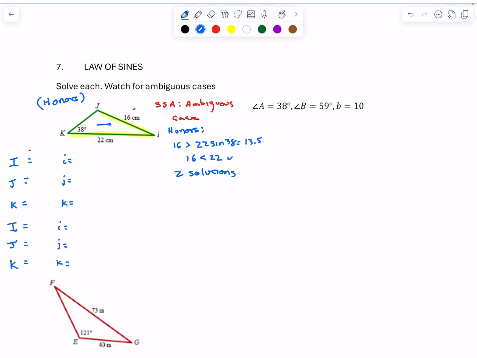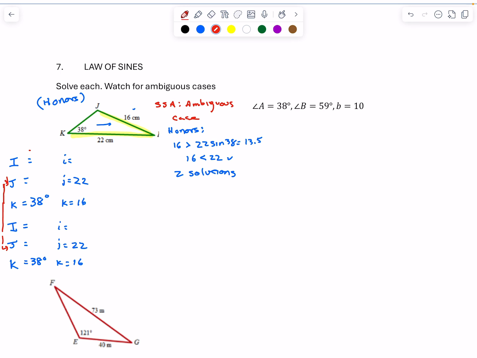Let's see, K is 38 degrees. And side K is 16. So we can set up law of sines. J is 22, because it's across from angle J. Okay, so we'll set up law of sines, and the two angles that are supplementary are the two angle J's.